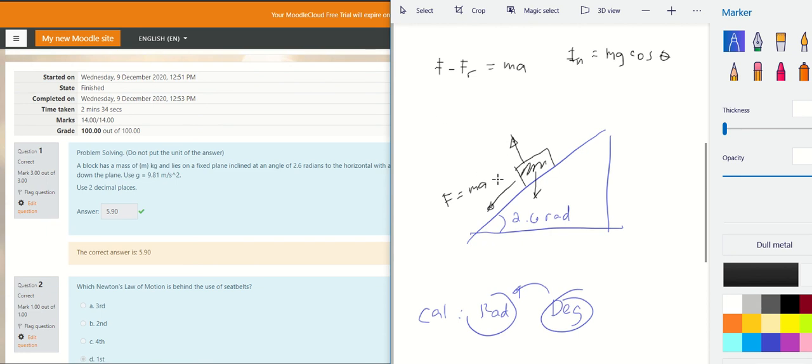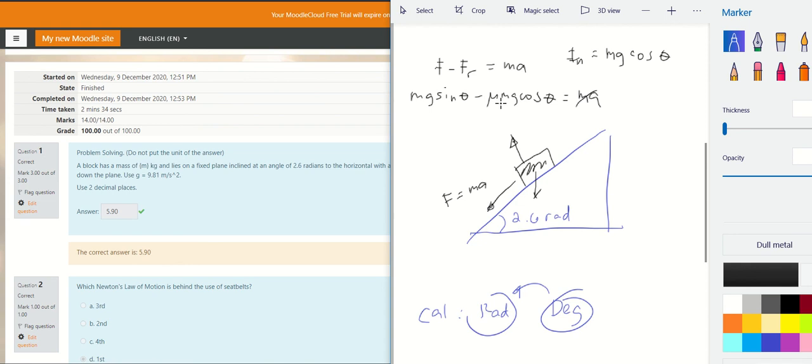On the other hand, the force going down is slanting, so you use sine. So mg sine theta minus the coefficient of friction times mg cosine theta equals ma.